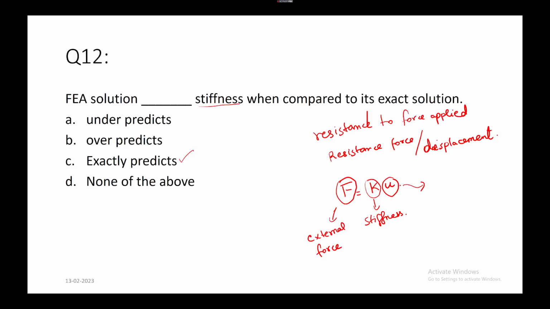Any idea? So we have nodal displacements, right? So does it under predict or over predict?